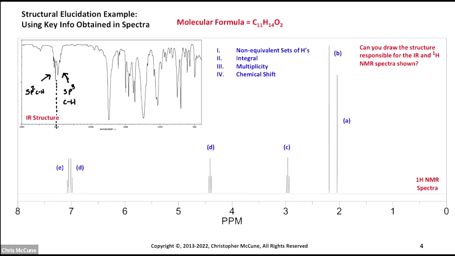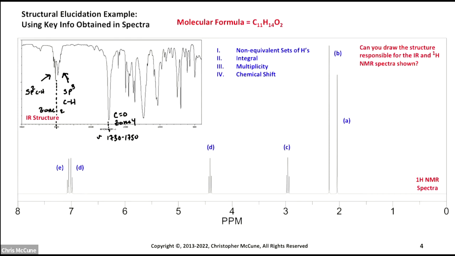Those corresponding to an sp2 hybridized carbon, maybe of an alkene. That makes sense because we've got double bonds in the ring that are attached to hydrogens. And then also here at about 1730 to 1750 or so, we have a stretch. So that's your carbonyl stretch.